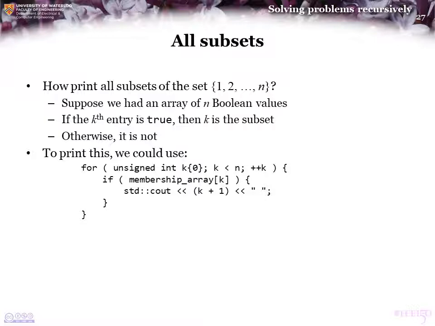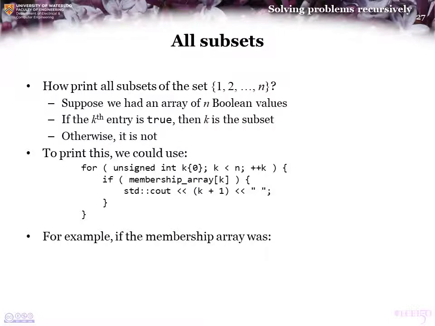And if the kth index is true, then we will print k plus 1, because after all, the first entry is at index 0, the second entry is at index 1, and so on and so forth. And for this specific problem, we've asked for the subsets of the set 1 through n, not 0 through n minus 1, so we have to make an appropriate accommodation.